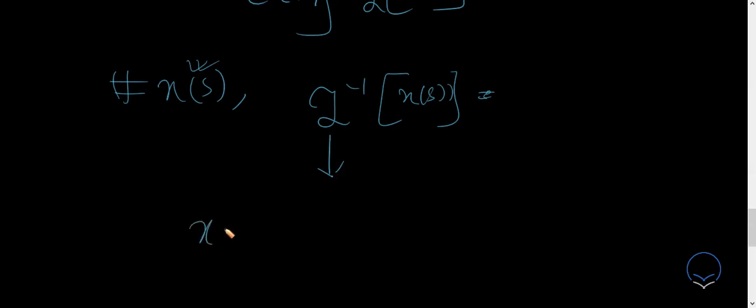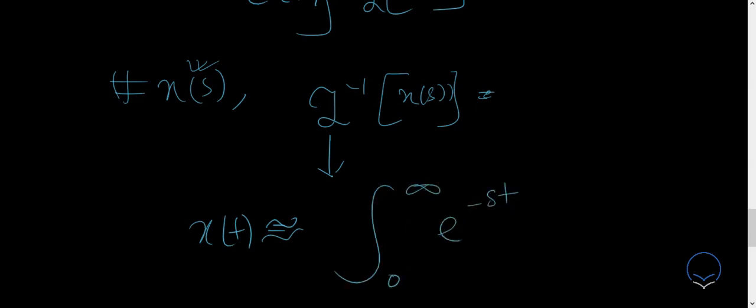So if you have your X of s, the X of t can be very schematically written as something like this. Sorry, it should be a plus sign. X of s ds, something like this.